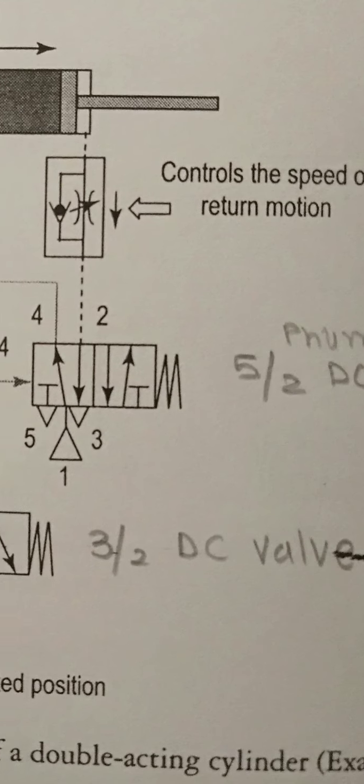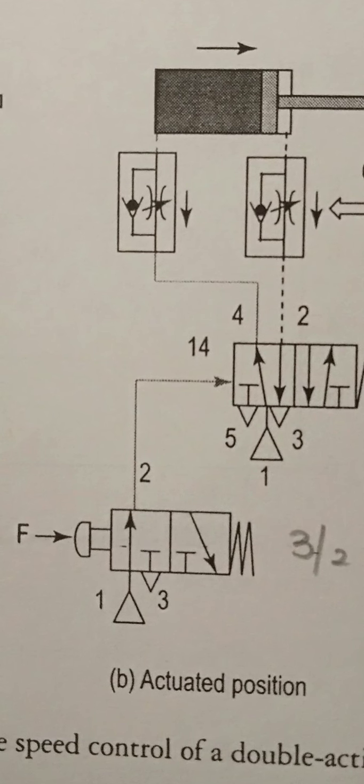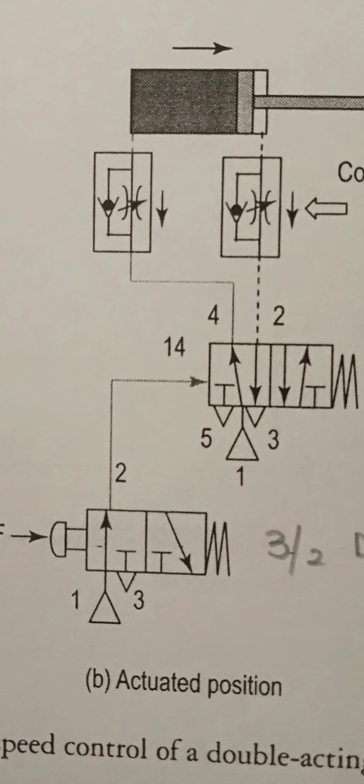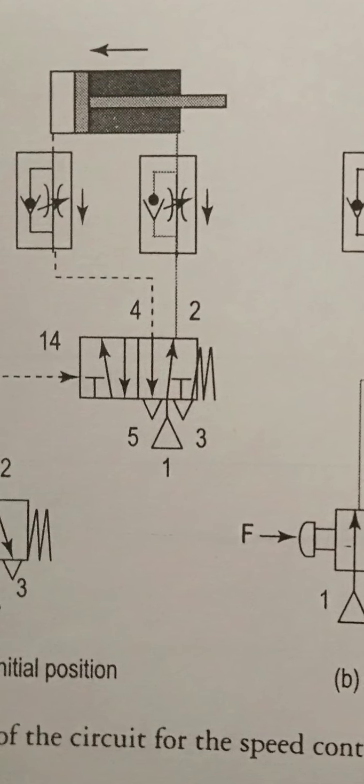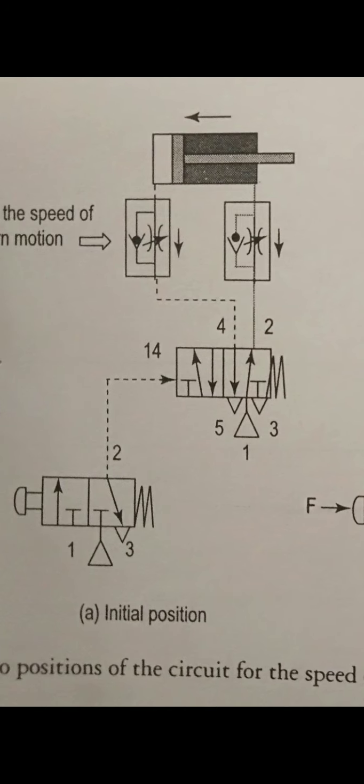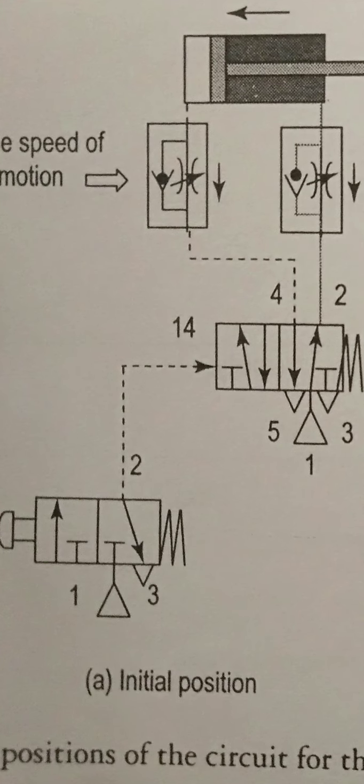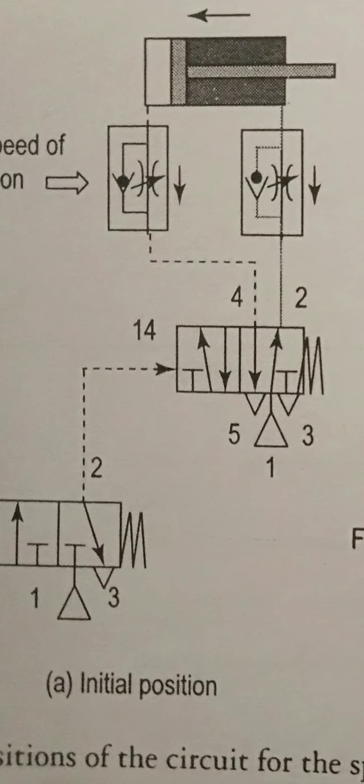Here you can see again. And when you are taking back the push button, now there is no connection of 1 to 2 in the 3x2 DC valve, so there is no air at 14.